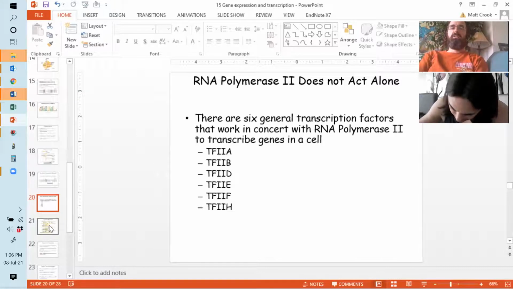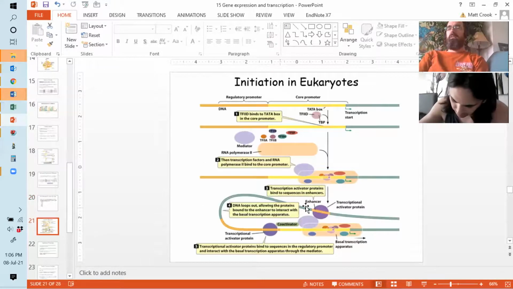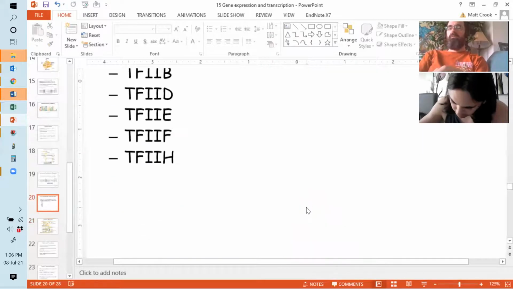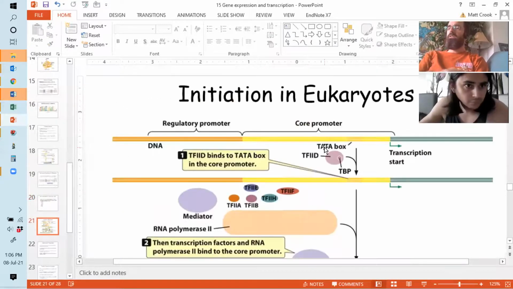And so what does that actually look like? So let's kind of blow this up again. So essentially what you have is your core promoter, your regulatory promoter, and your transcription start site. In that core promoter, you'll have the TATA box. That's what's recognized by the TATA box binding protein.